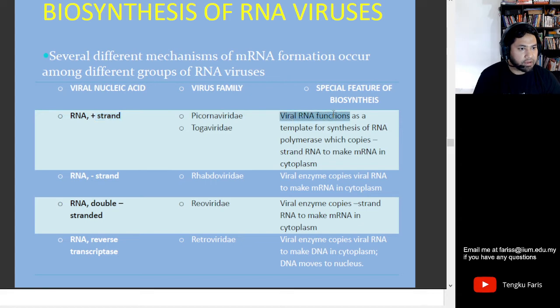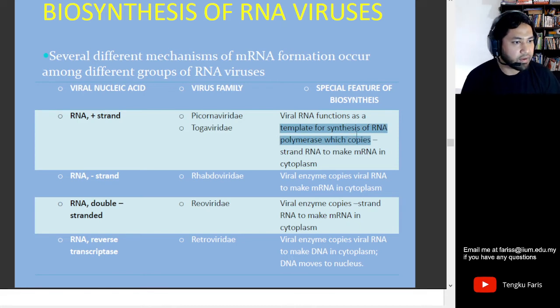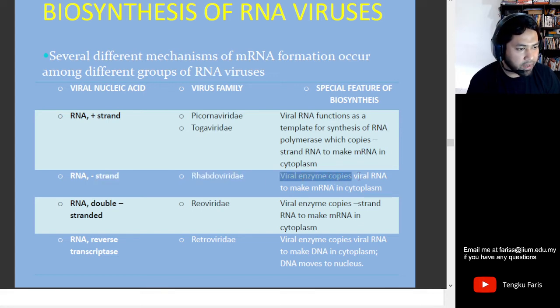The viral RNA functions as the template for synthesis of RNA polymerase, which copies negative strand RNA to make mRNA in the cytoplasm. For RNA negative strand, for example, Rhabdoviridae, the viral enzyme copies viral RNA to make mRNA in the cytoplasm. For double stranded RNA, for example, Reoviridae, the viral enzyme copies negative strand RNA to make mRNA in the cytoplasm.